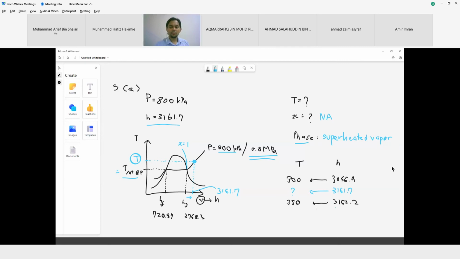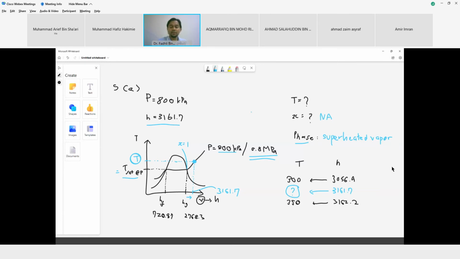Okay. So in order to determine this value, you have to use linear interpolation. We have learned in engineering mathematics, right? Subject last semester or in the previous semester, mudah belajar.